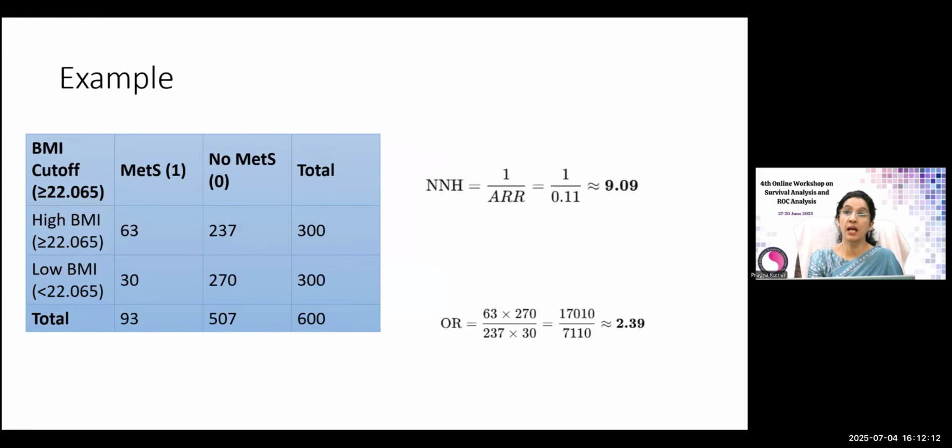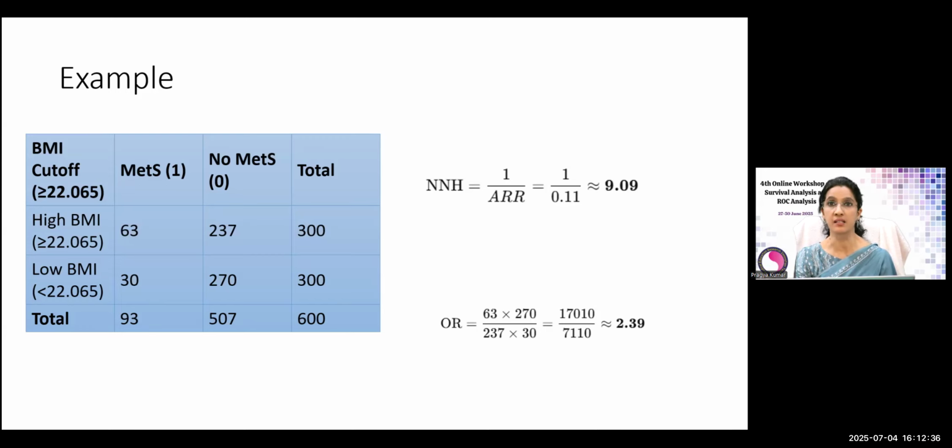And how will we interpret the number needed to treat? Number needed to treat is the term initially coined for vaccines or some intervention program. Here we will say number needed to harm because it's a negative thing. So what is the formula? The formula is 1 divided by absolute risk increase.